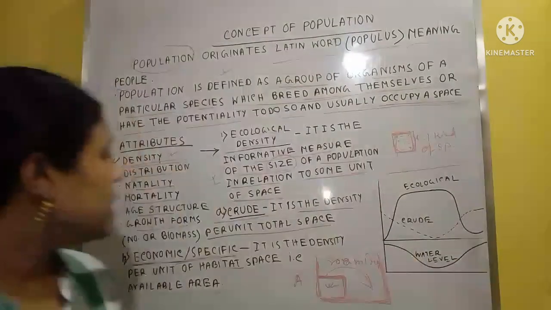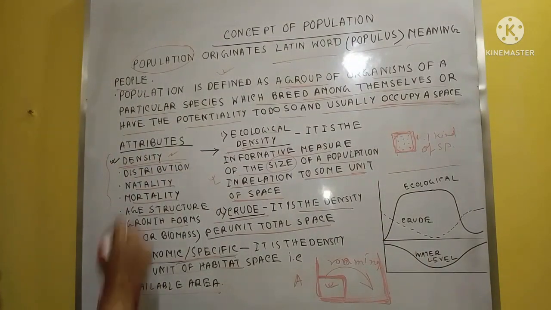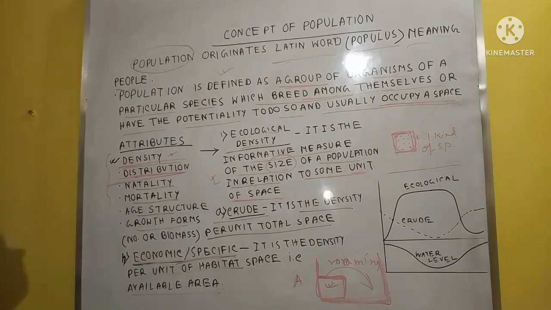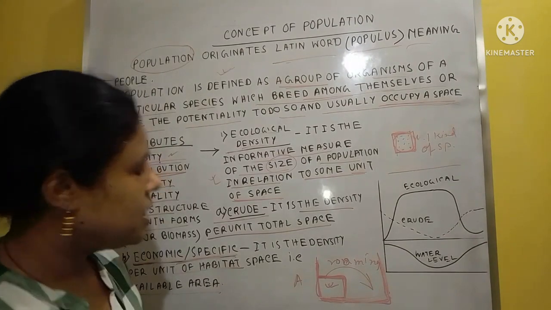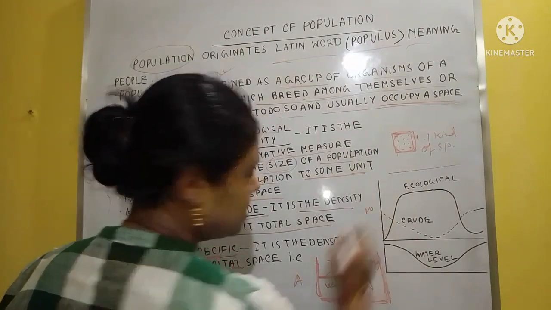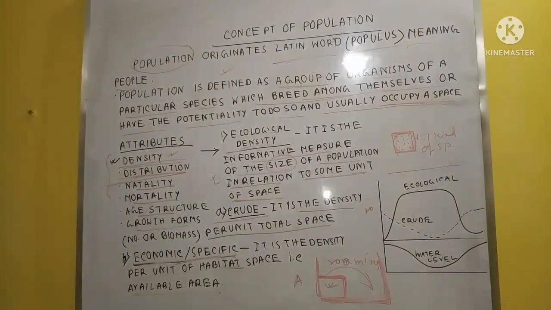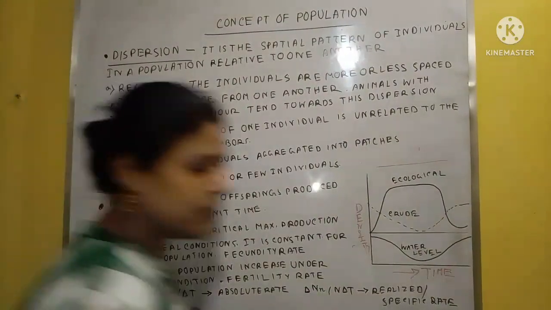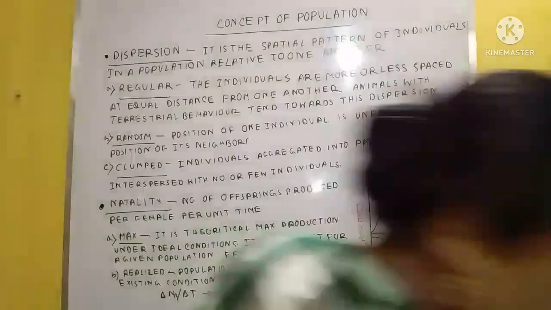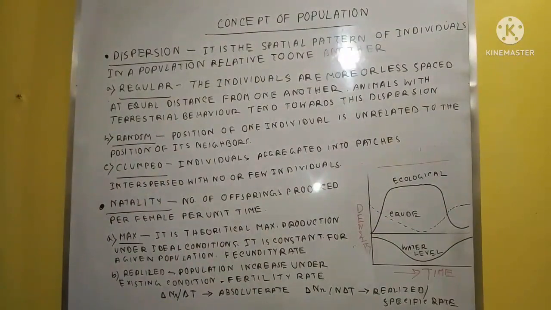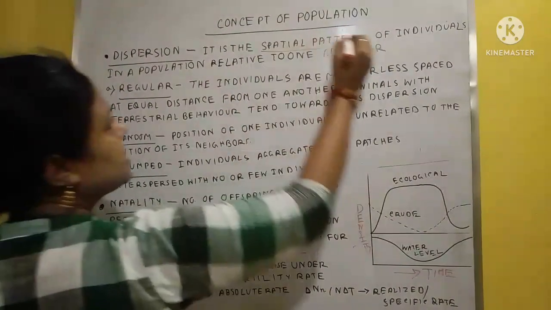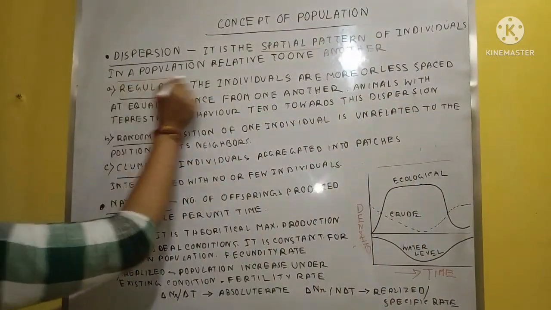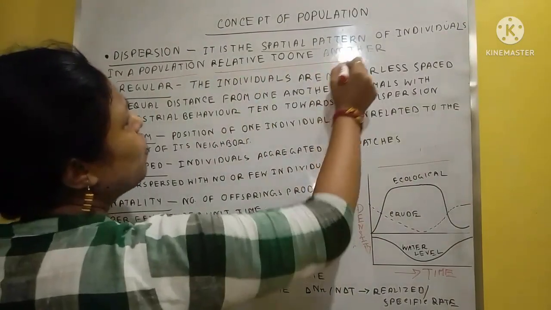Next, I discuss the distribution. Here, the number of species I have to write there. This is the dispersion. Dispersion or distribution means the spatial pattern of individuals in a population relative to one another.